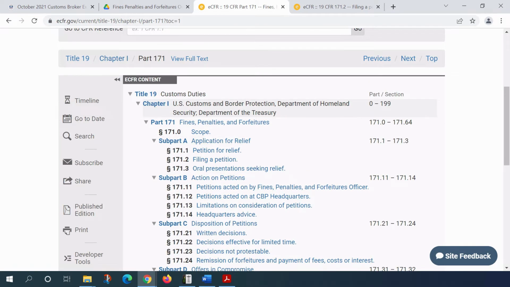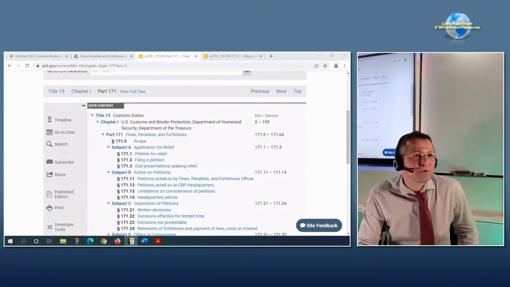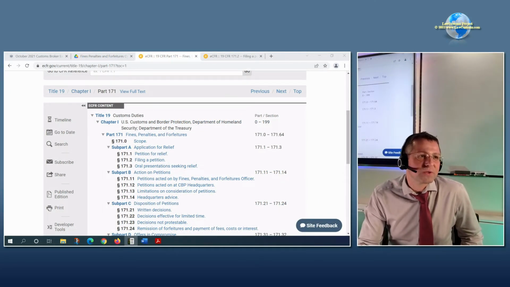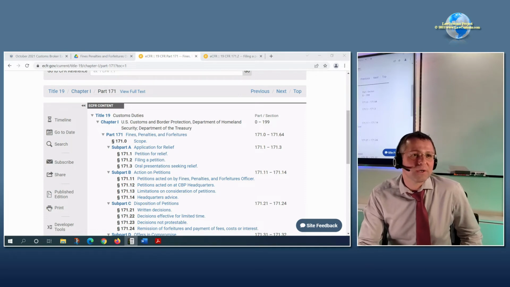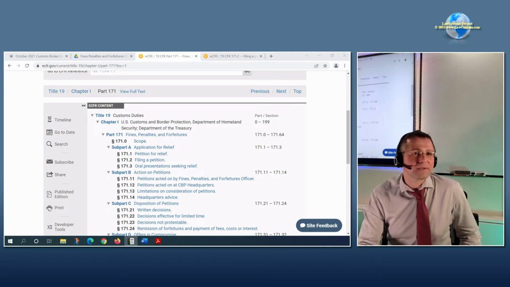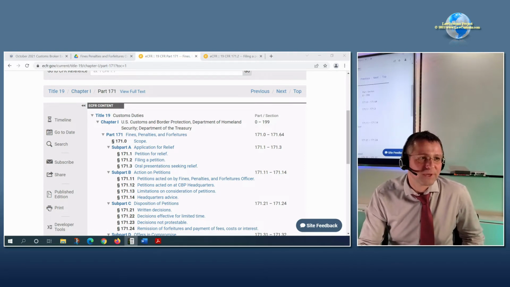As a librarian of the Code of Federal Regulations, you need to know where to reach. And of course, the section dedicated to fines, penalties, and forfeitures is Part 171.